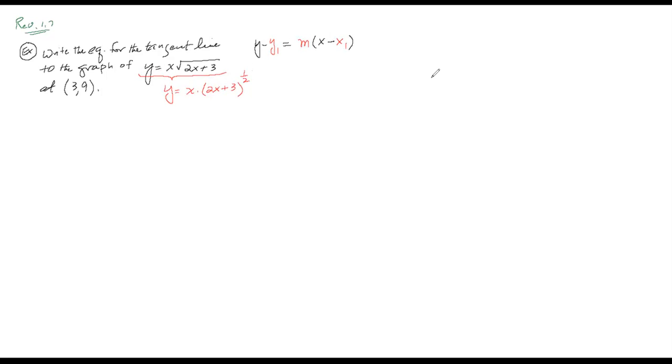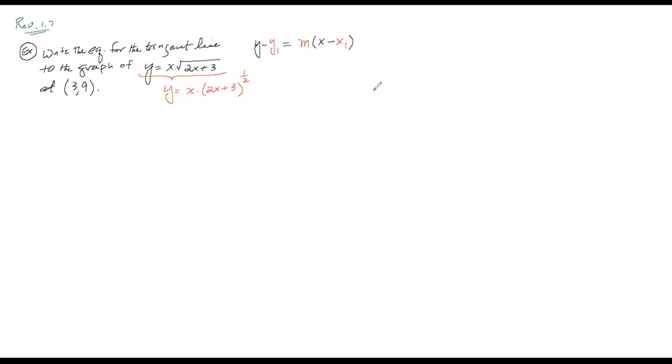So you need to plug in the x1 and y1, and then you also have to find m at x equals 3. Plug that in, and then write the equation. Any questions, please ask. And you all know, what is m? How do you find the m, folks?